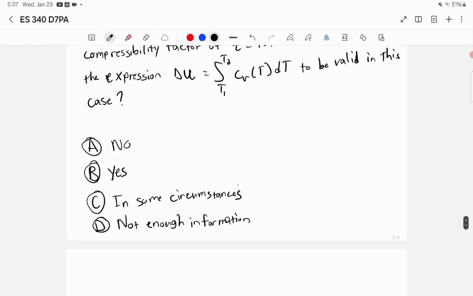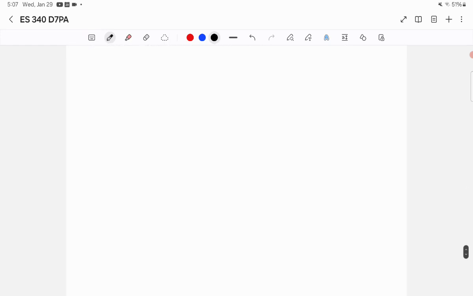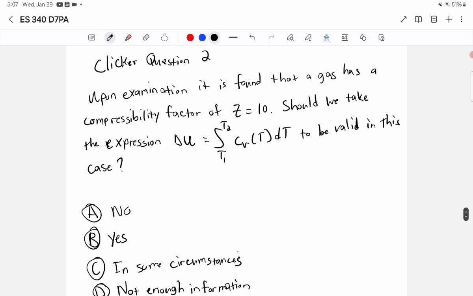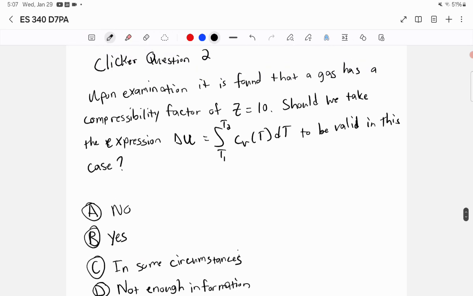So that leads to the second clicker question. Oops, I scrolled down too far. And that's where we'll leave off. So for this video, upon examination, it is found that a gas has a compressibility factor of Z equal to 10.